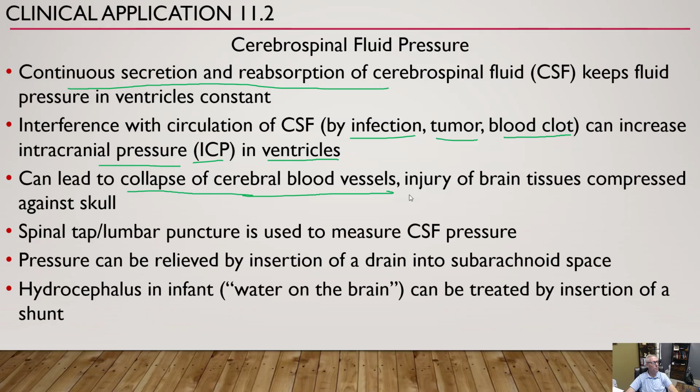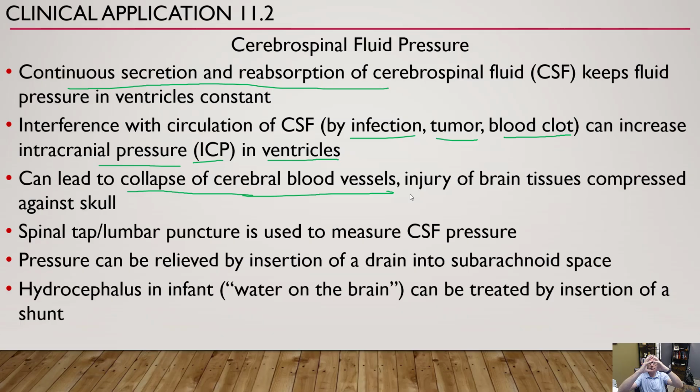Or, a more serious case, if you have too much pressure built up. Remember, your brain is enclosed in your skull. And I mentioned this several chapters ago. Your brain is enclosed in your skull.